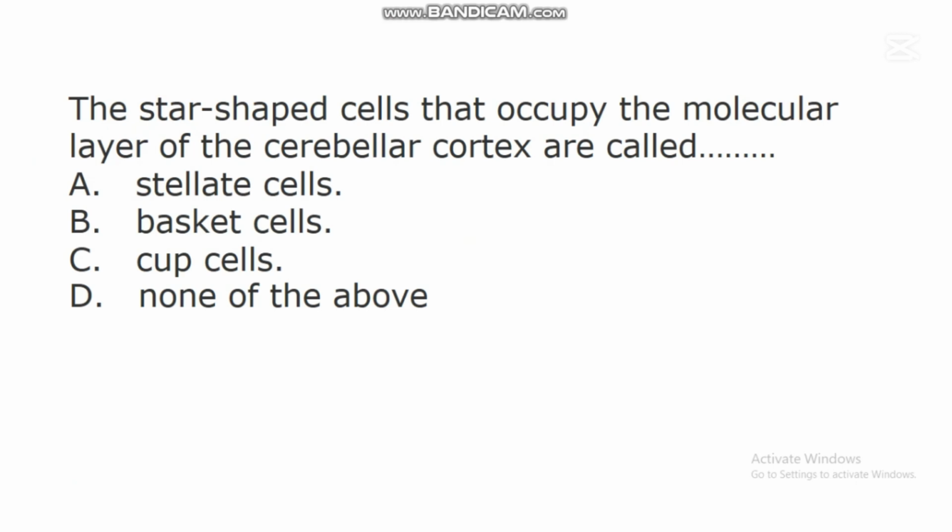In this question, the correct answer is A. Stellate cells. Stellate cells are the star-shaped cells that occupy a layer of the cerebellar cortex known as molecular layer. Studies have shown that these cells are highly abundant in this molecular layer of the cerebellar cortex.